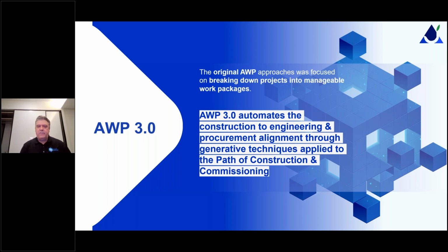The generative techniques of structure, applied to the path of construction to automate the path of construction and commissioning, got lost along the way. It just became the path of construction. Commissioning needs to be a key part of that path.